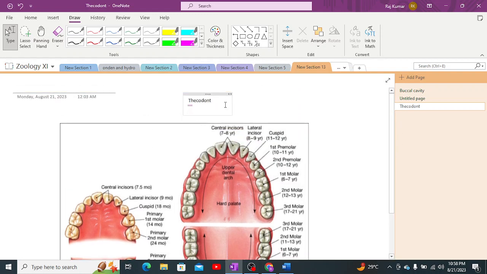After diphyodont and thecodont, there's another characteristic of human teeth.